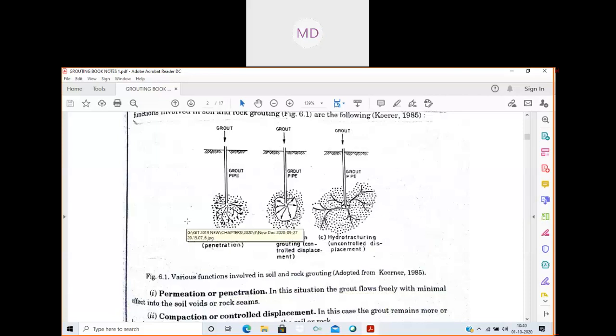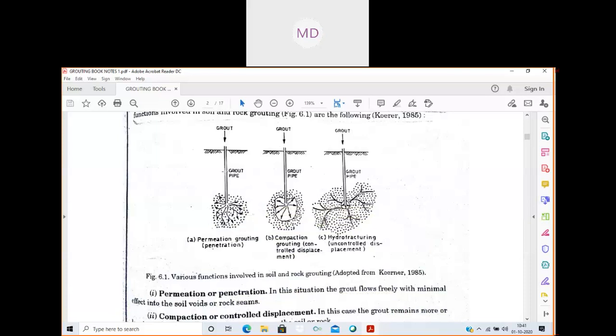In the first figure, figure A, permeation grouting, the grout material is inserted through the grout pipe into the subsurface soil or rock wherever needed. The arrow marks at the end of the grout pipe show the grout material flowing into the subsurface soil, and it fills up the voids in the surrounding soil to a certain extent.